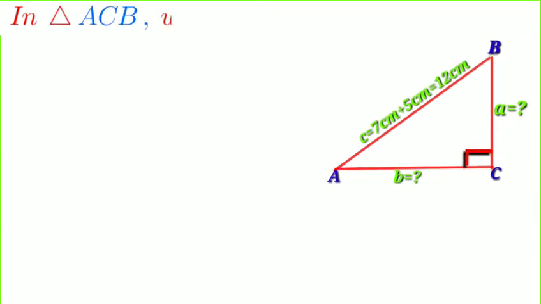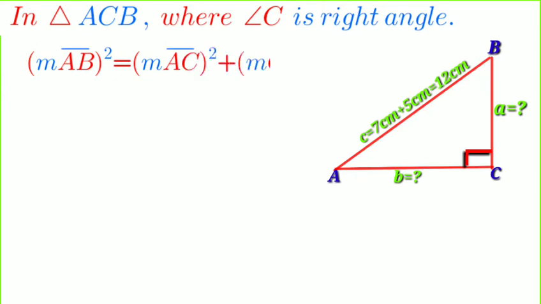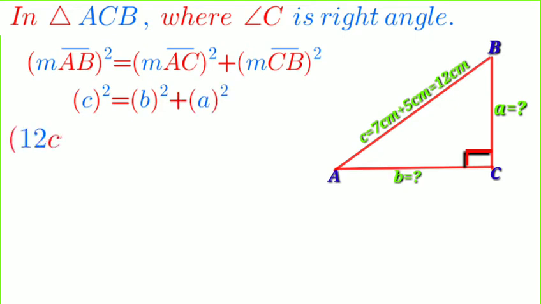In triangle ACB, where angle C is a right angle, by using the Pythagoras theorem, side AB square is equal to side AC square plus side CB square. It can also be written as C square is equal to B square plus A square.